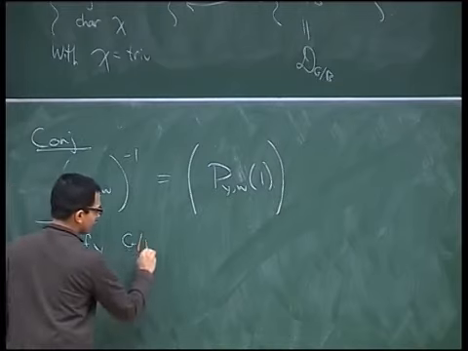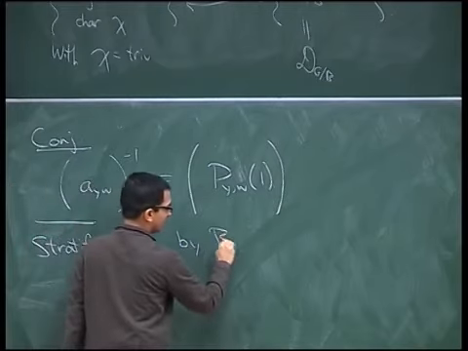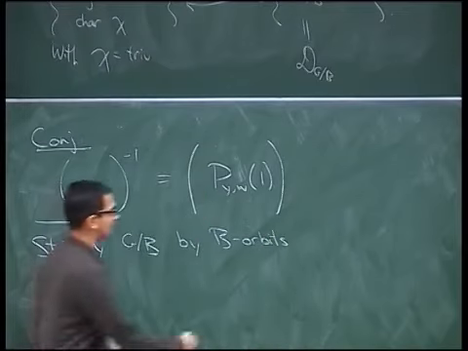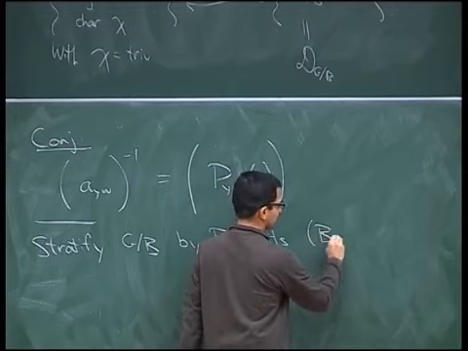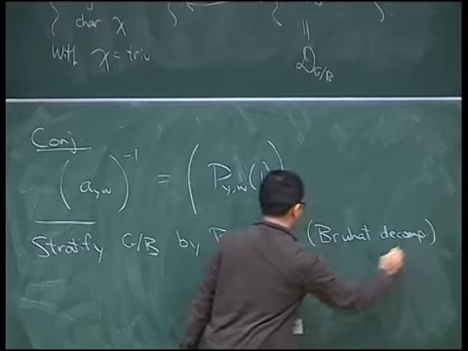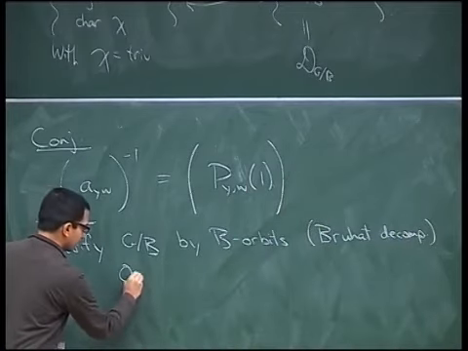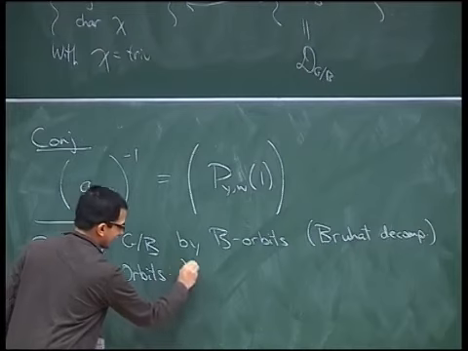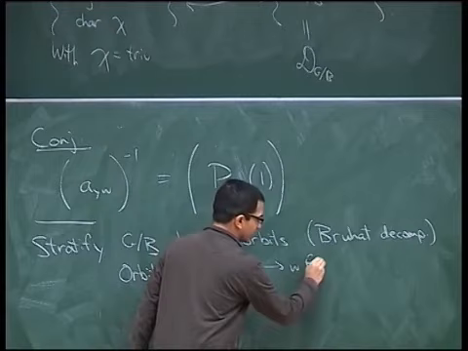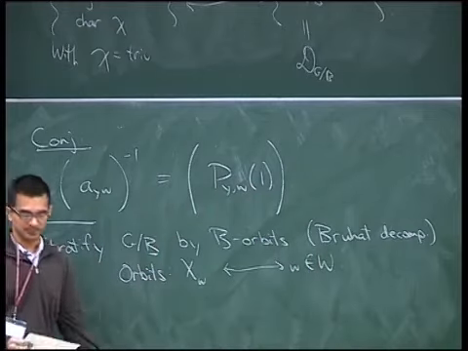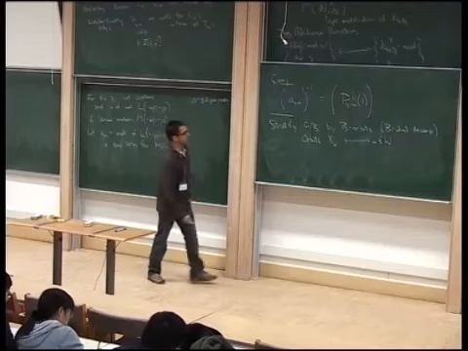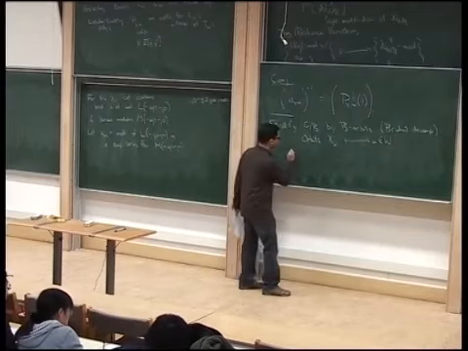So stratify G mod B by B-orbits. This is the Bruhat decomposition, which Arun told us about. I'm going to name the orbits X_w, and those are indexed by elements of the Weyl group.